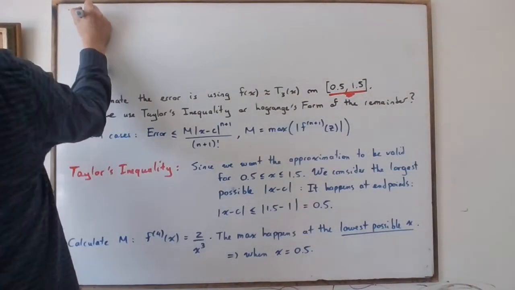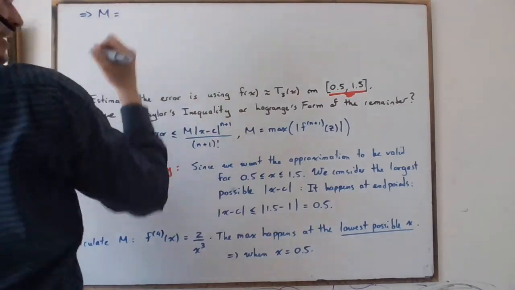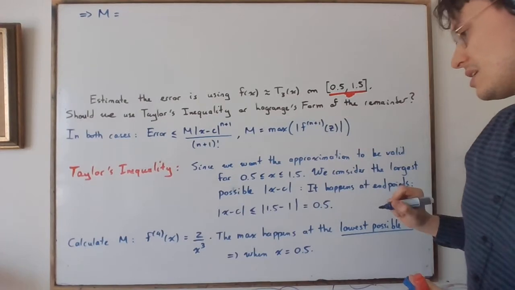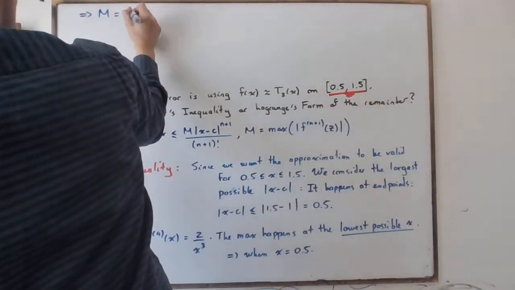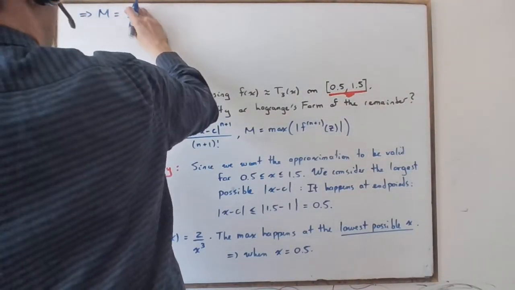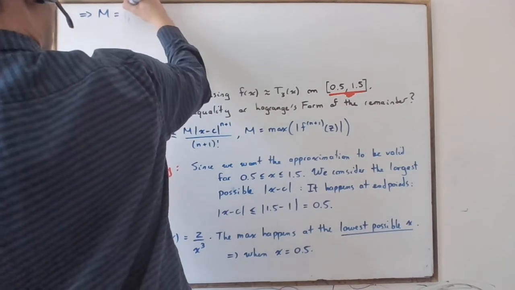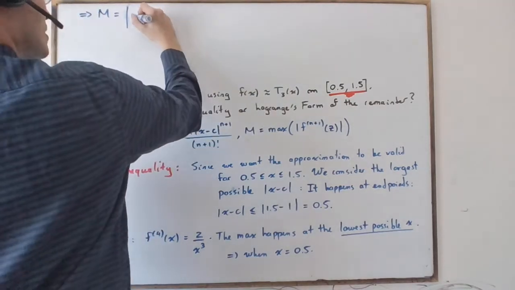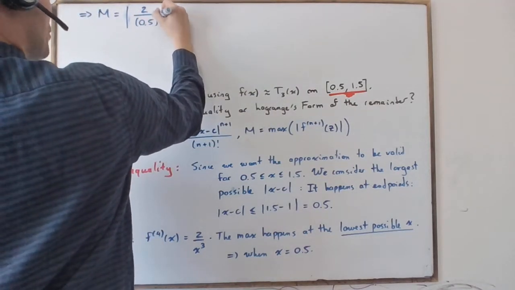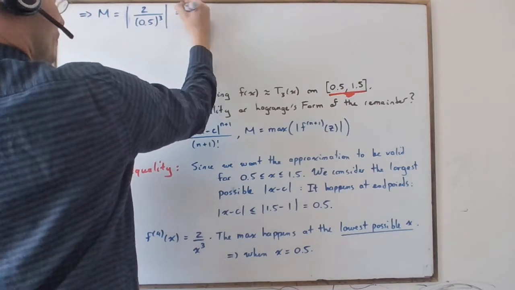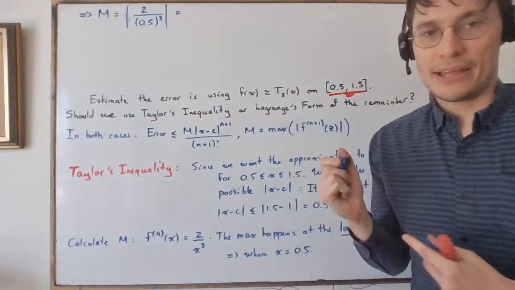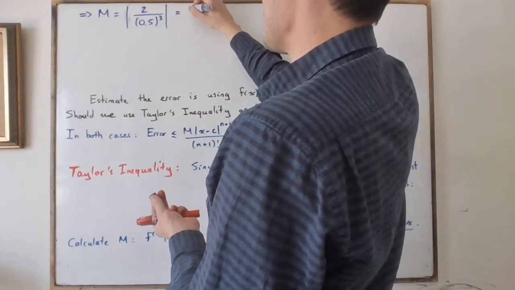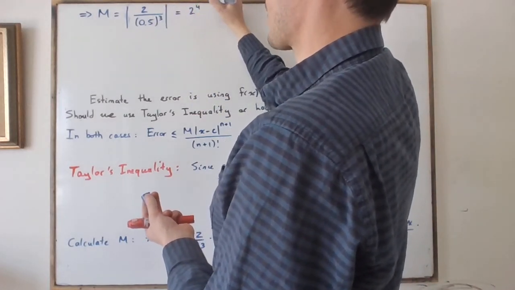It means that M is equal to the max of this, which is the absolute value of 2 over 0.5 to the power of 3. Let's put the absolute values for now just to be safe. This is easy to calculate because 0.5 is exactly 1/2, so it gives us 2 to the power of 4.